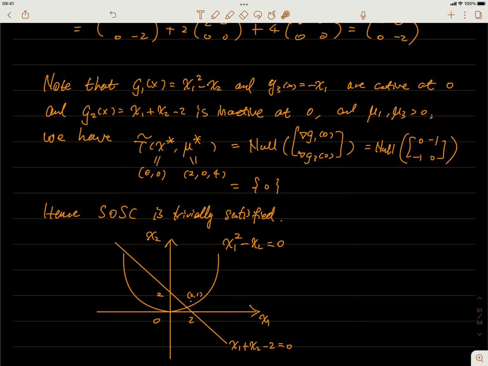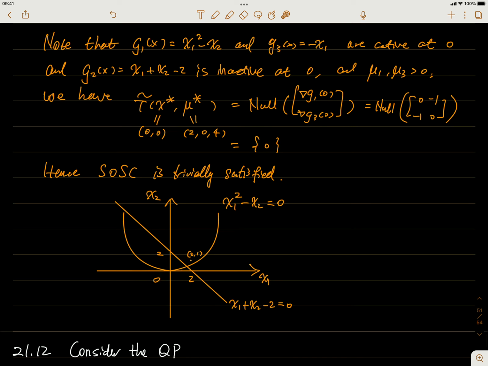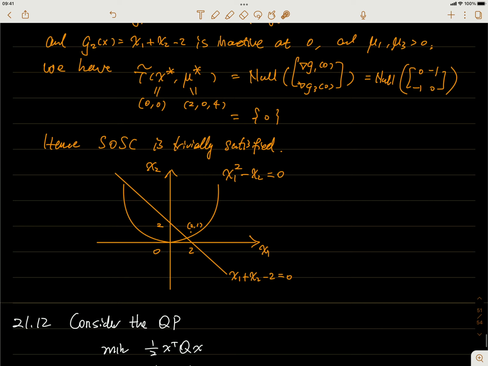Second one is x1 plus x2 minus 2 less than or equal to 0, so that should be this area, because this line is x1 plus x2 equal to 2. And the last one is x1 greater than or equal to 0, so it should be this area. Okay, so you take the intersection of the 3, you get this piece of triangle. It looks like a triangle, it's not exactly a triangle.